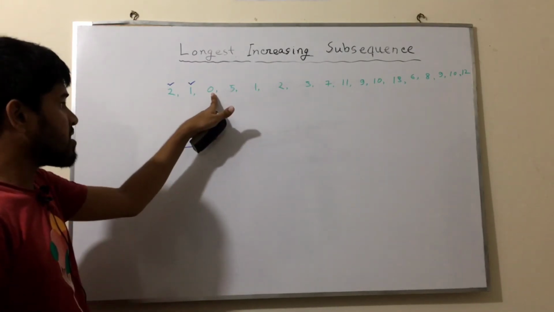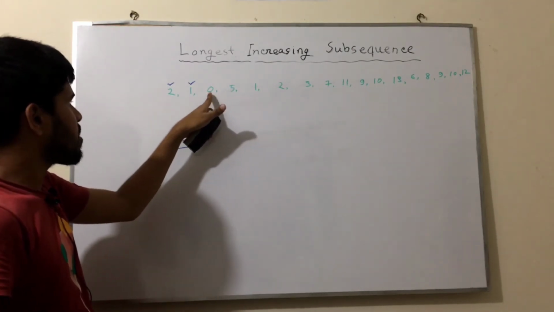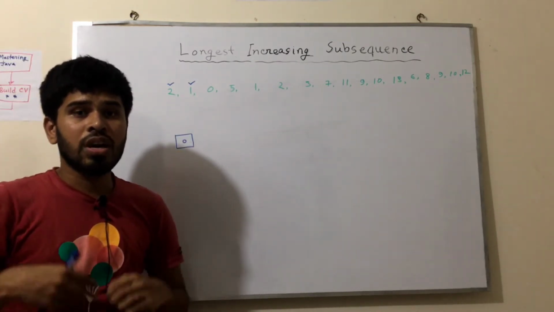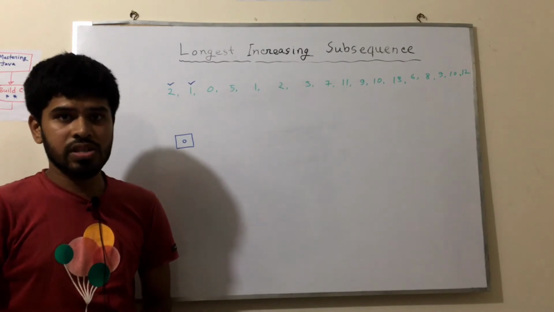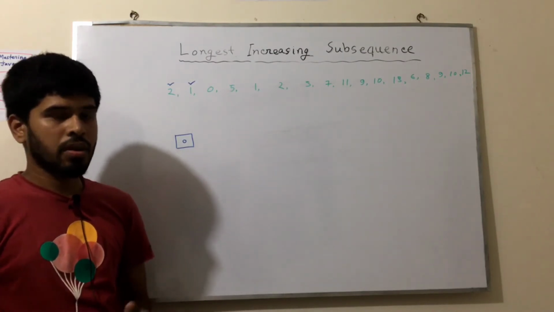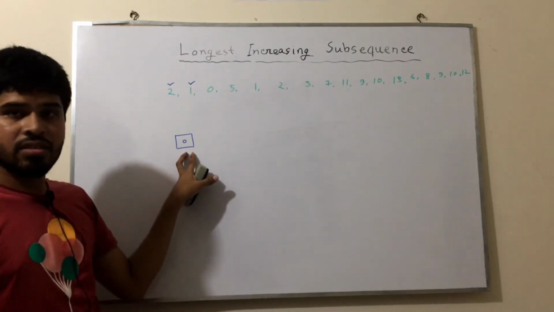If the value is greater than 0 but not greater than 2 and 1, then we might lose the length of the longest increasing subsequence, because we are keeping track of the length by the length of our list.